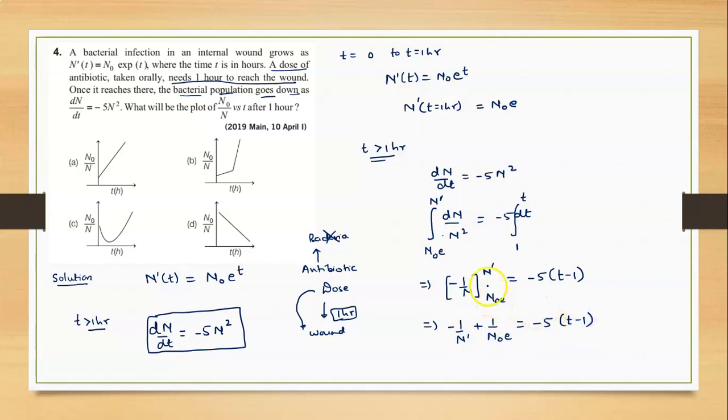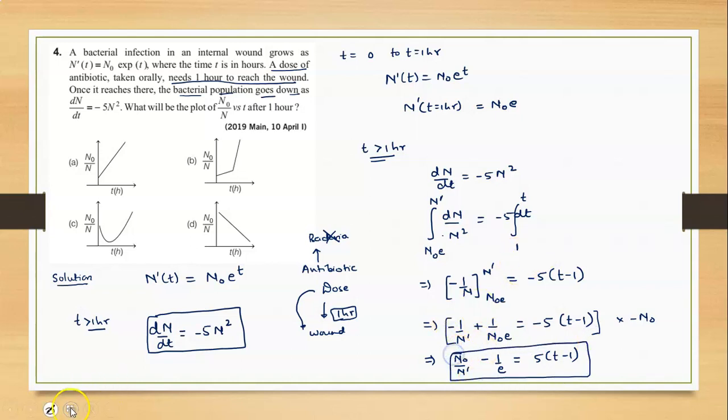But the function that we have to take is N naught upon N. So we multiply by N naught on both sides and also by minus 1. So this is N naught upon N dash, minus 1 upon e, is equal to 5 times t minus 1. We multiply by minus N naught on the entire equation, left hand as well as right hand side.